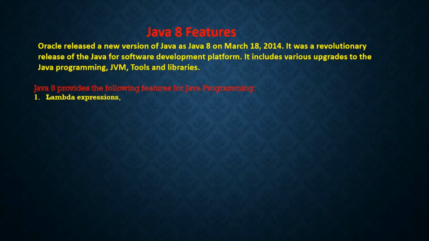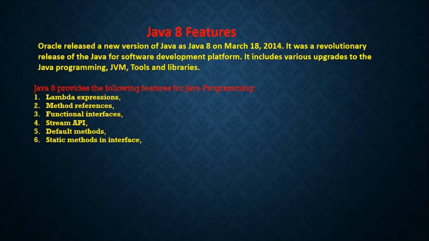With Lambda expression we can implement the functional interface. Then we have method reference, functional interface, Stream API, default methods, static methods in interface, Base64 encode decode.